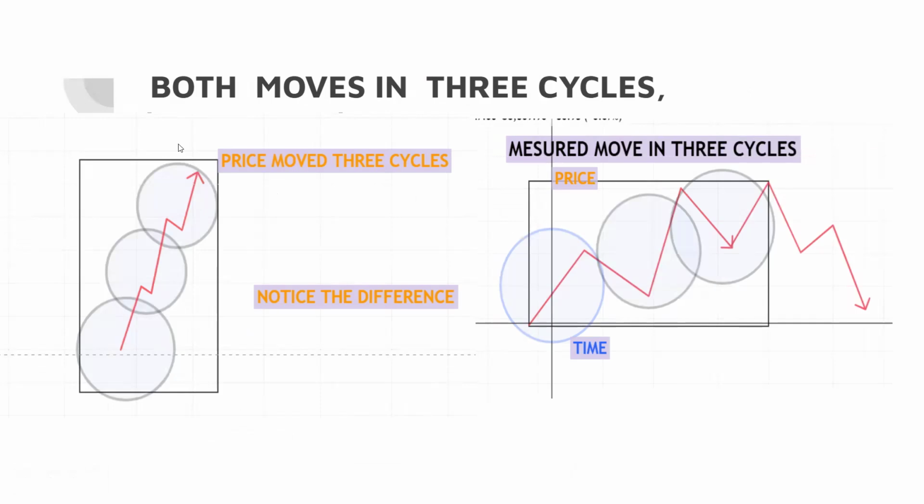Both move in 3 cycles. This fast move is also in 3 cycles, that is a measured move. This has moved fast with the time, and this has moved along with the time in a proper way. Both are measured moves in 3 cycles.